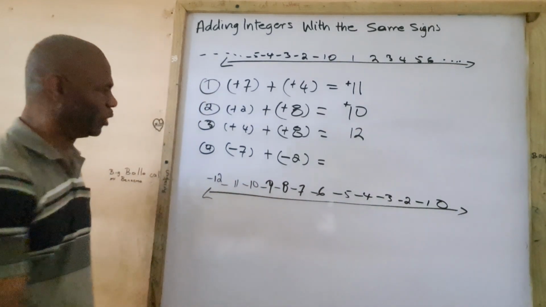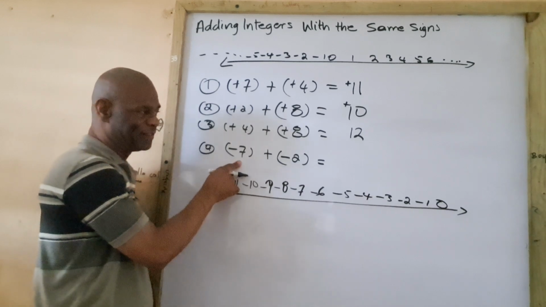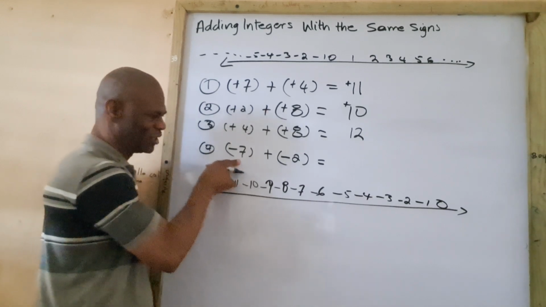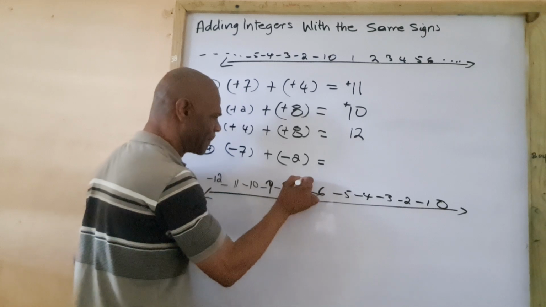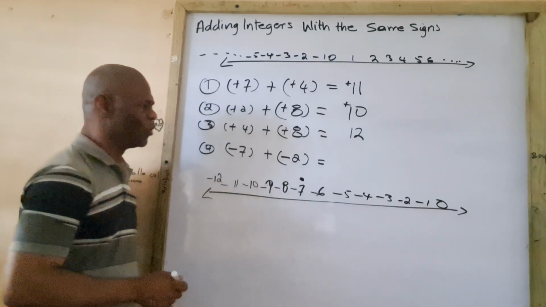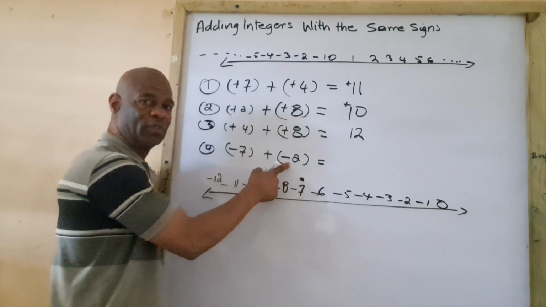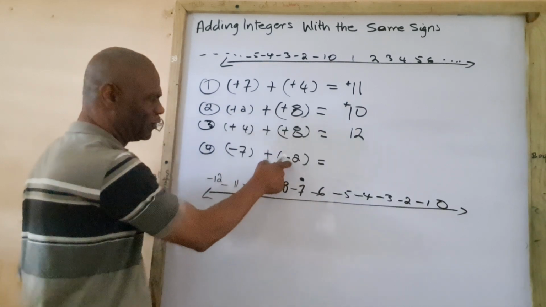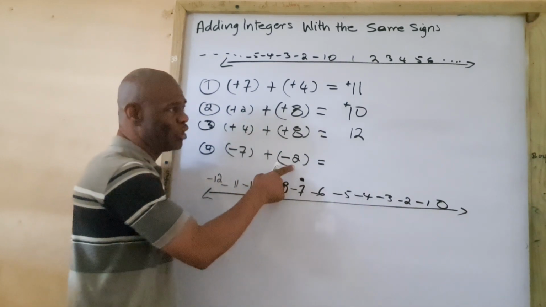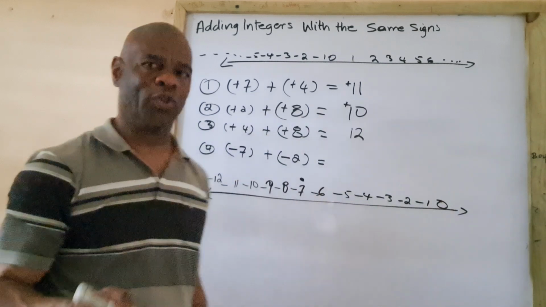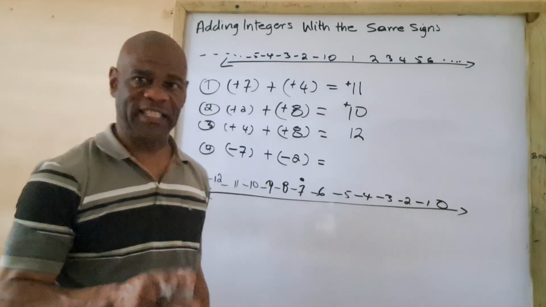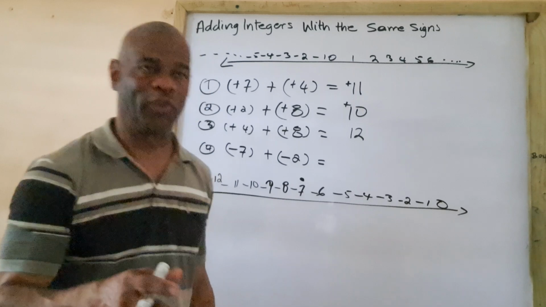So again, we're going to locate our negative 7. Negative 7 is our starting point. And we are adding negative 2, right? Now this negative 2 here, remember, the number tells us how many times we are going to move, and the sign tells us which direction we are going to move in.